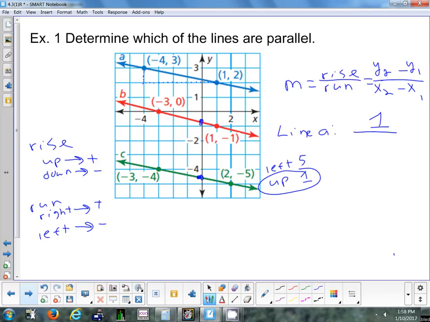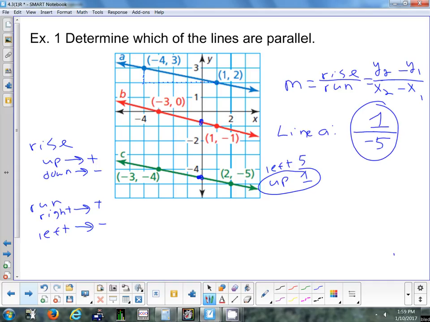It was left 5. Left is a negative. So what's my slope of line A? Yeah, you can write it as negative 1/5, or you can leave it just like that. This is fine.